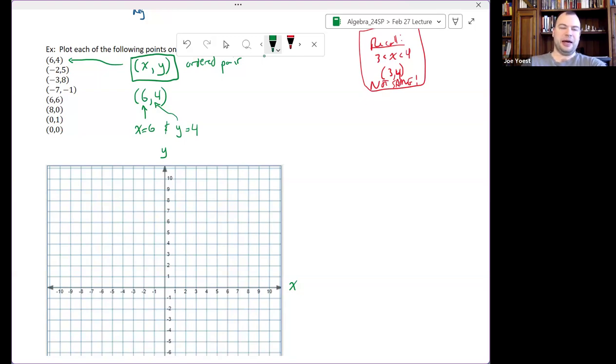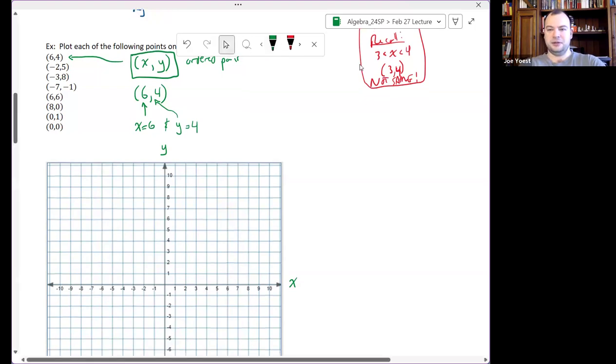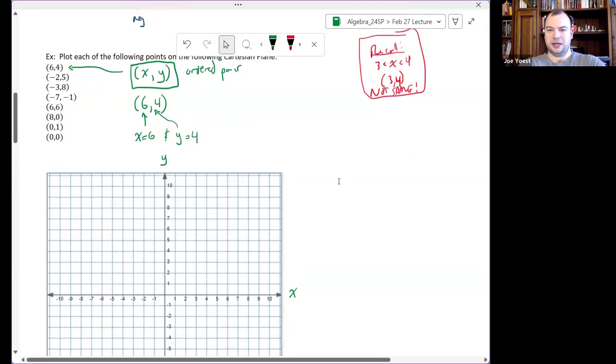It's easy to get that backwards and to kind of forget that. But again, after you plot 10 or 20 points, it becomes a little easier to remember which way it goes. But for right now, maybe write a little note on a piece of paper or Post-it that it's X comma Y, like horizontal comma vertical, and that'll help you keep it straight for the time being.